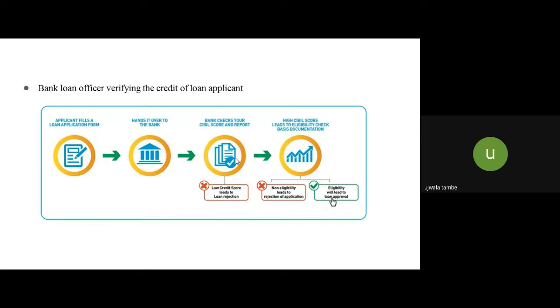After that, what does the bank broadly check? As that customer has applied for the bank loan based on the credit card, first they check the CIBIL score of that customer's credit card. Okay, so what is that score? It is one of the most important factors that affect your loan approval.